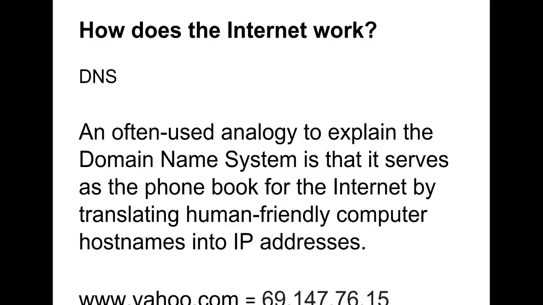How it works, often used domain names: it serves like a phone book for the internet, and it translates user-friendly names into IP addresses. For example, you see down here at the bottom, yahoo.com, which is 69.147.76.15.